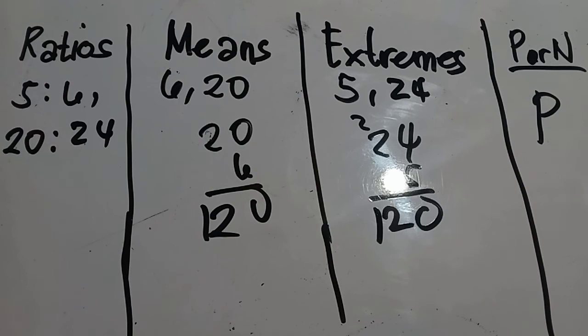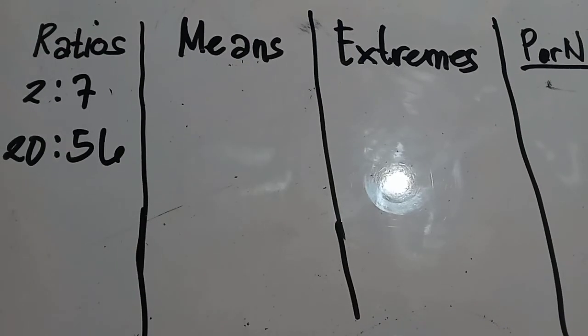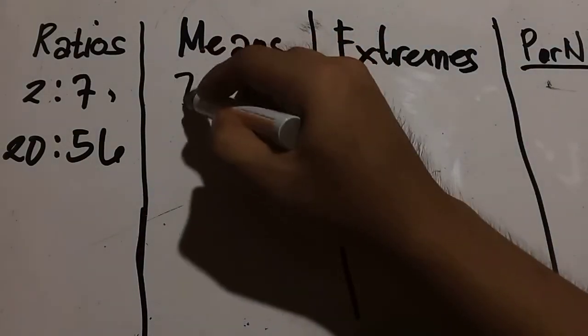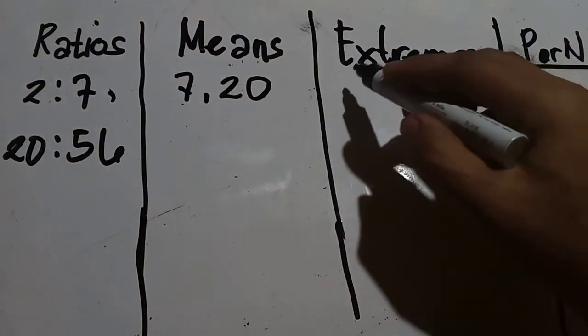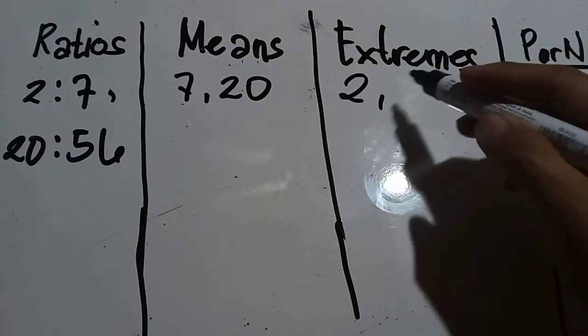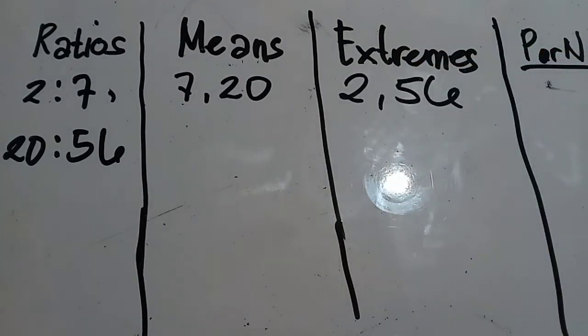Nakuha. Okay, next example. Next we have 2 is to 7 and 20 is to 56. So identify our means first. The inner part, so we have 7 and 20. How about our extremes? So we have 2 and 56. Okay? So paano natin malalaman is it proportion or not?